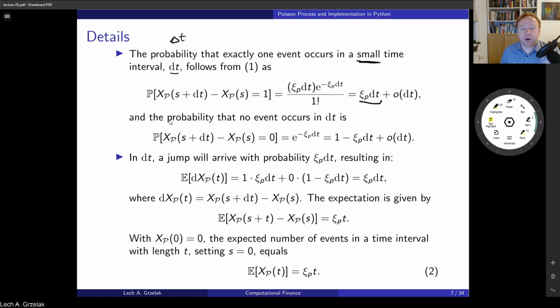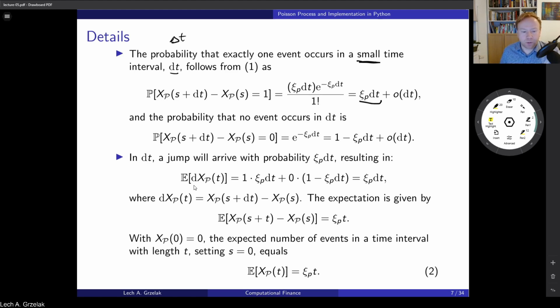On the other hand, we can also ask ourselves, what is the probability that exactly 0 jumps will happen in a given interval? For that, we have a very similar expression: 1 minus xi p dt, plus a small o of dt. So we can check the average number of jumps in a given interval.